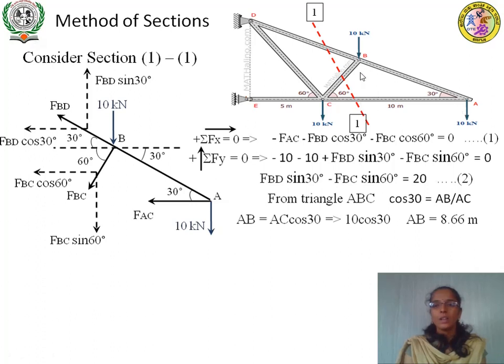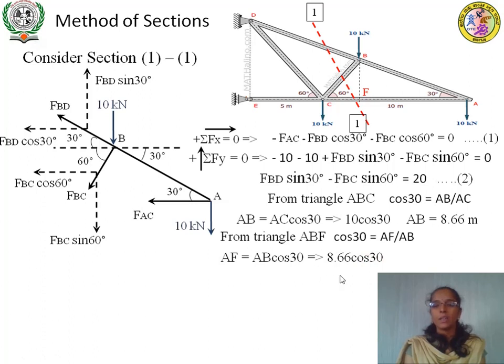So let us draw a perpendicular from B to member AC, which is joining at F. From triangle AFB, AB becomes the hypotenuse and AF is the adjacent side. Applying cos 30, AF by AB, therefore AF is equal to AB cos 30. AB is 8.66 meter, 8.66 cos 30 equals 7.5 meter. So this distance AF is 7.5 meter.